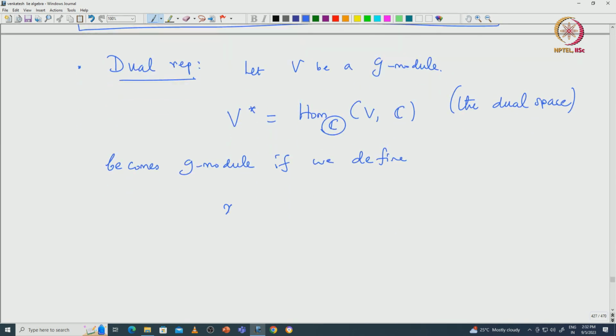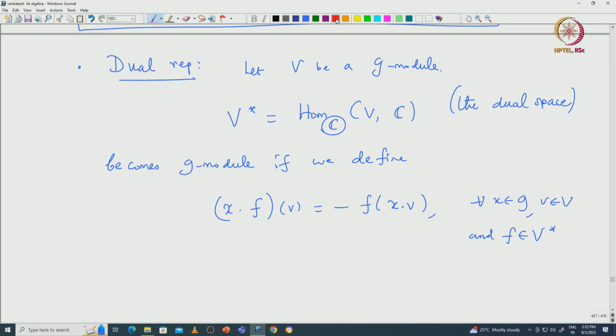How is it defined? Given f in V star and x in G, the action x dot f is defined to be again a map from V to C, acting on a given element v in capital V as follows: it is given by minus f of x dot v, and this is true for all x in G, v in V and f in V star.